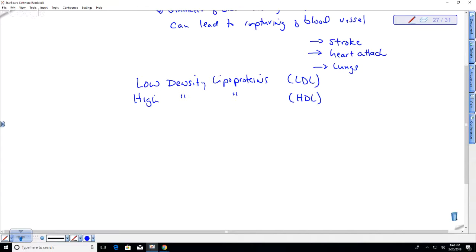So cholesterol is transported between the liver and the tissues, and it can go in two directions. Okay, so if it is taken out of storage from the liver and transported to the tissues, that is bad. So that's the LDL. So this is bad, right?